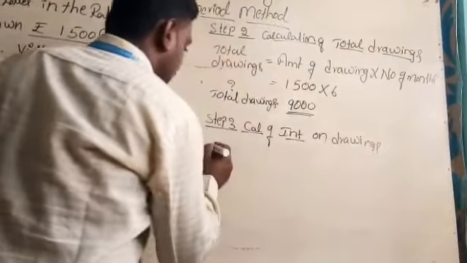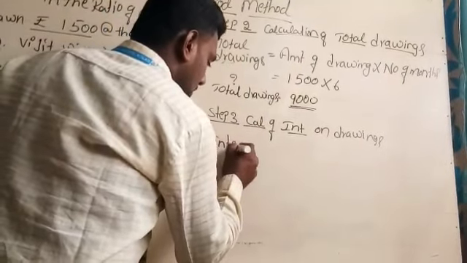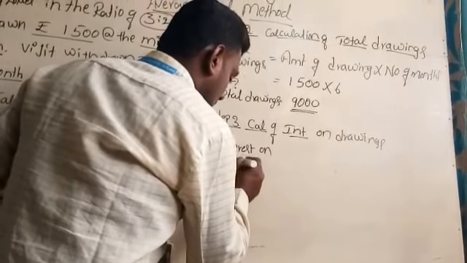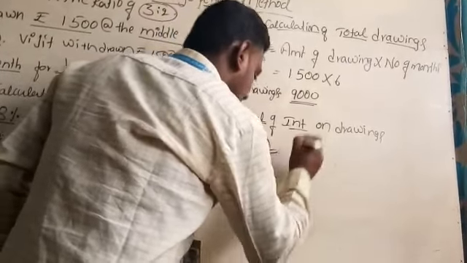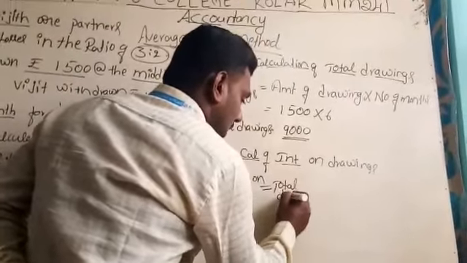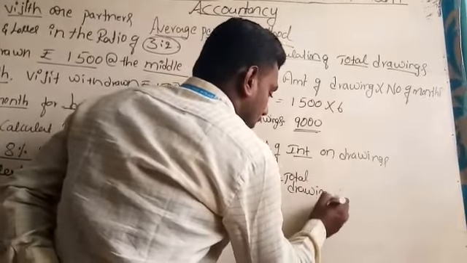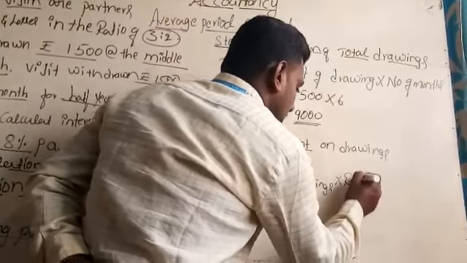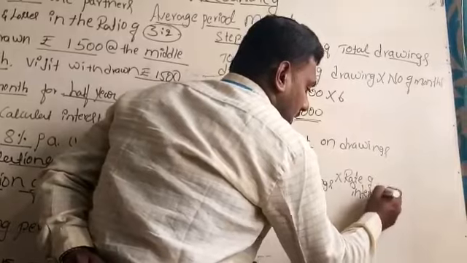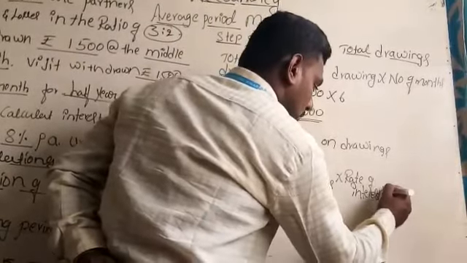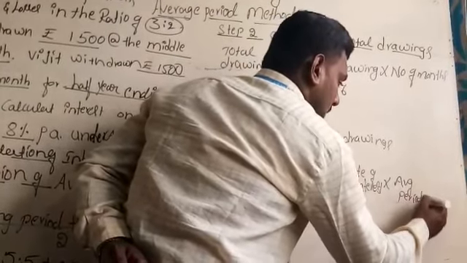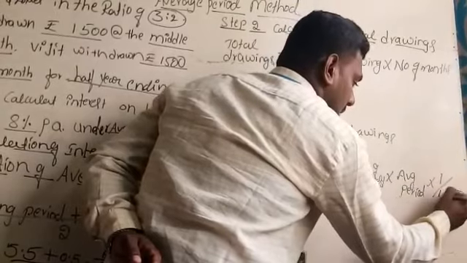So now, interest on drawings is equal to, we have one formula: total drawings into rate of interest into average period into 1 divided by 12.